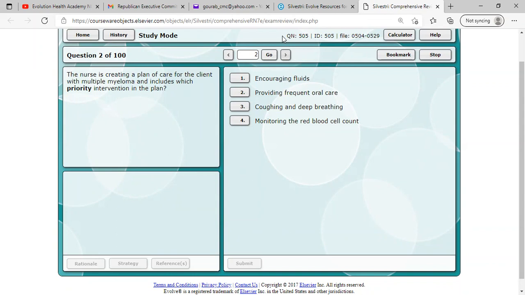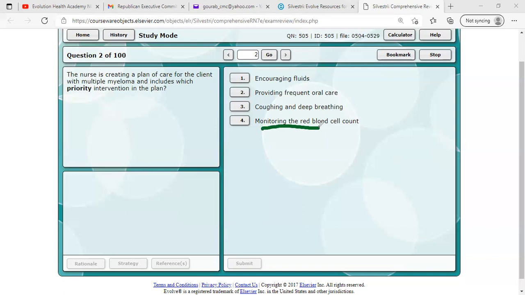So here we have 4 options, right? Out of 4, all are important. As a healthcare provider, I must check all of them. But which is the first priority?